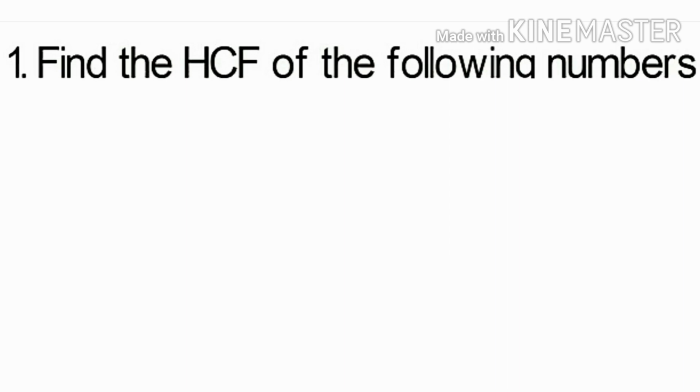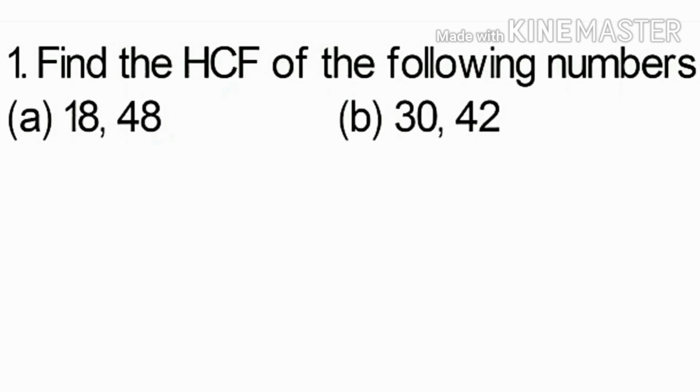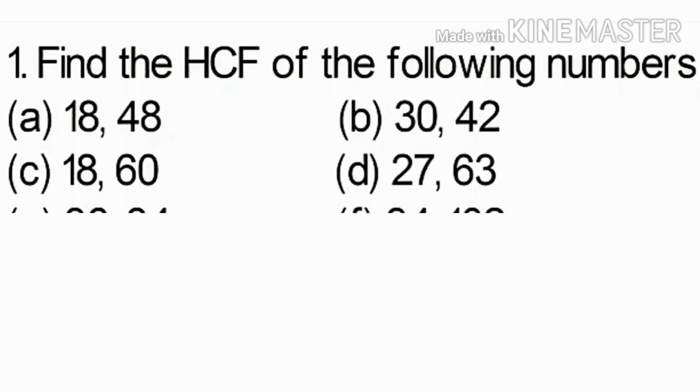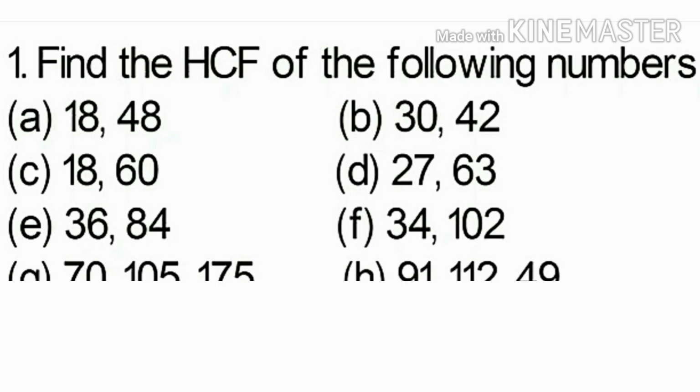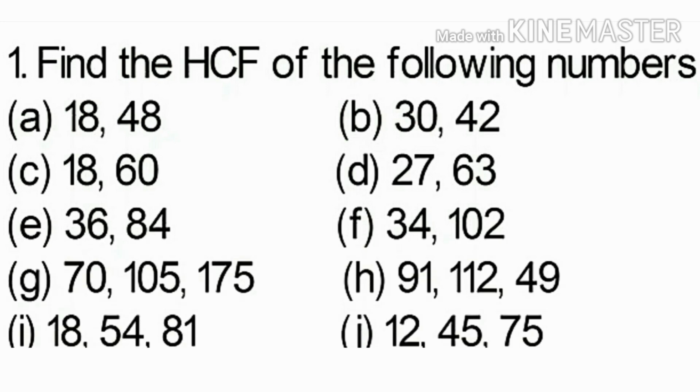Question number 1: we have to find the HCF of the following numbers, and for this we have questions. Students, this is very simple, and a few parts I'll do over here, and the rest of the parts, as usual, will be homework for you. Now, A part: we have 18 and 48.